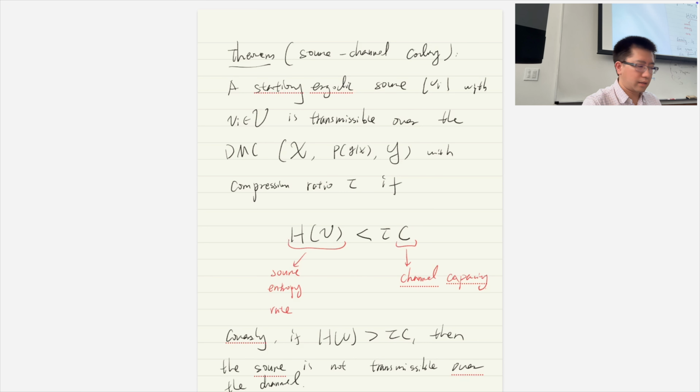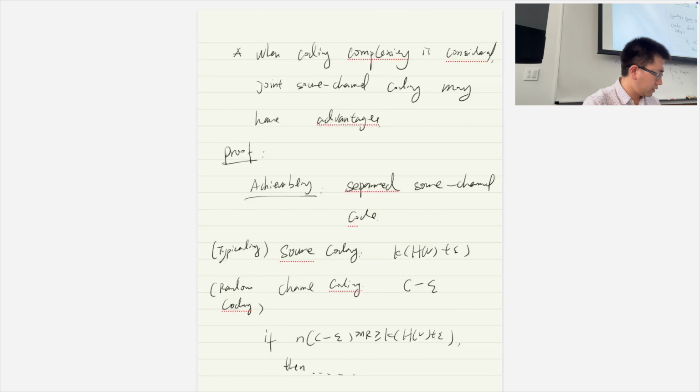So basically, what we can do here is as follows. We start from K times HV here, and from here, we can get this.